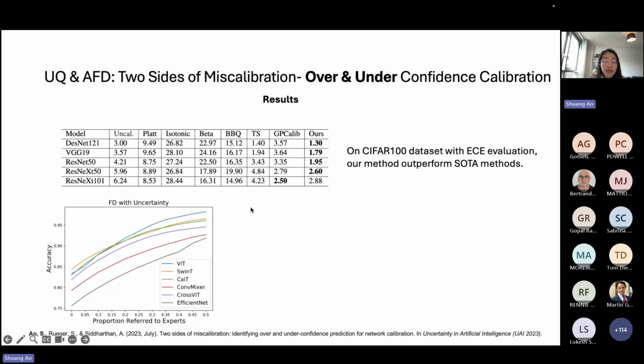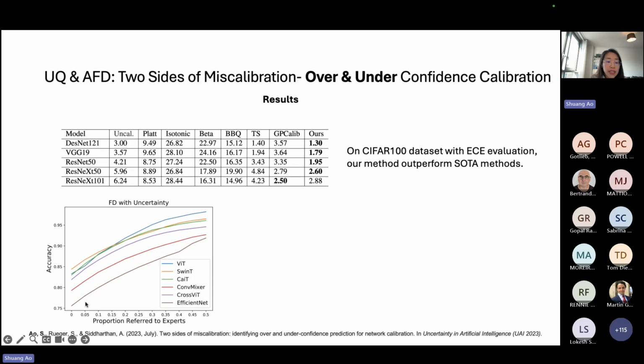And we all know that if the uncertainty score is higher, the sample is likely to be a wrong prediction. So here, the proportion referred to experts means that we filter out the 5% or 10% of samples with the highest uncertainty score, and we check the accuracy of the remaining data. So this graph actually reflects the reliability of the model.